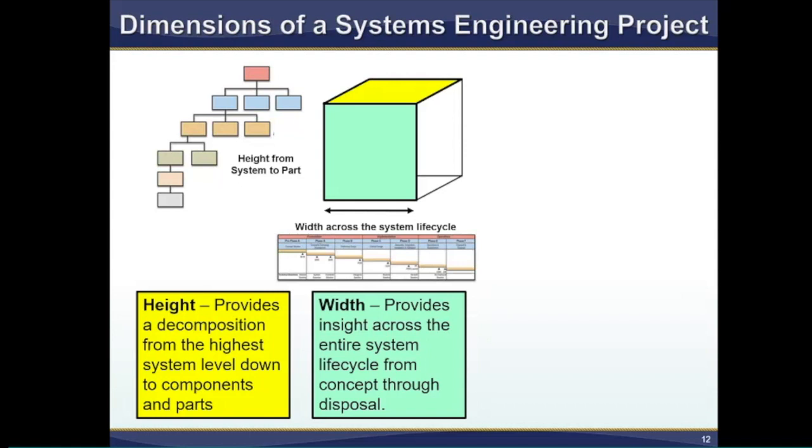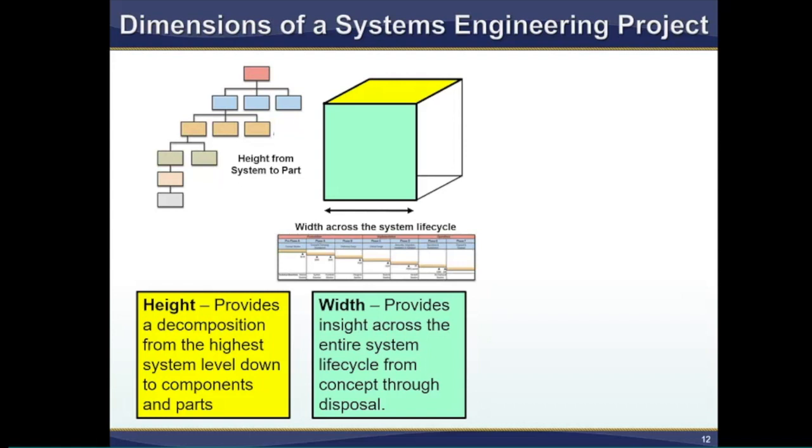So, again, this cube represents the system, but within that cube is the decomposition of the system all the way down to subsystems, to assemblies, sub-assemblies, components, and eventually to the parts.